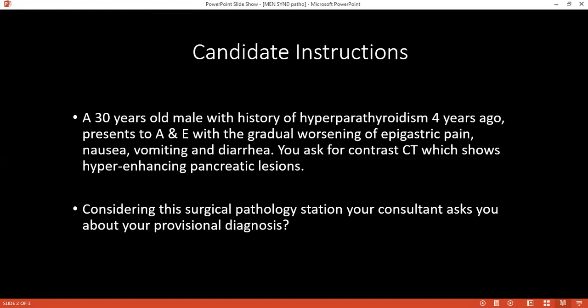So as a whole, how many parathyroid glands are there which can be affected? Four parathyroid glands. Yes, 4 glands can be affected. Can you tell me the microscopic picture of hyperplasia, or if you take a specimen of this patient in slide, what would you see?